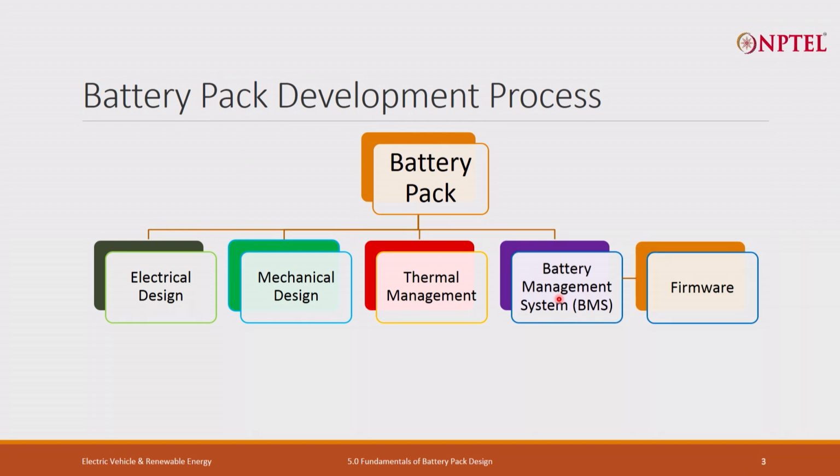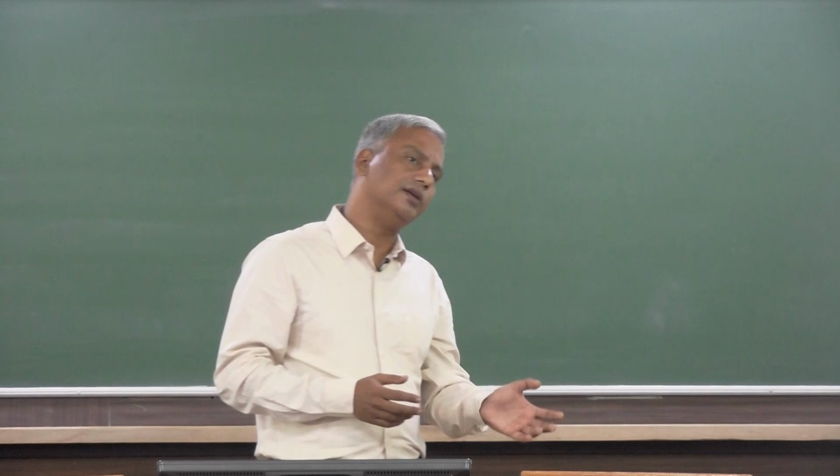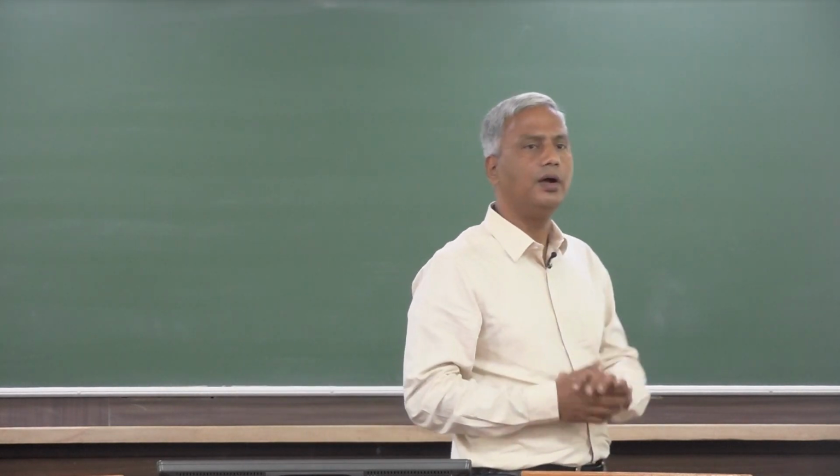Next comes the brain of a battery pack, which is the battery management system, BMS, and a firmware which can run this BMS system. So, BMS is basically the brain of a battery. It controls everything: all safety aspects, charging cycle, discharging cycle, temperature.